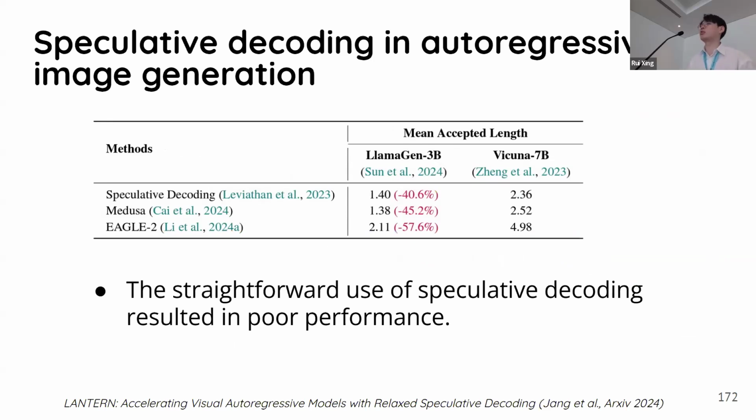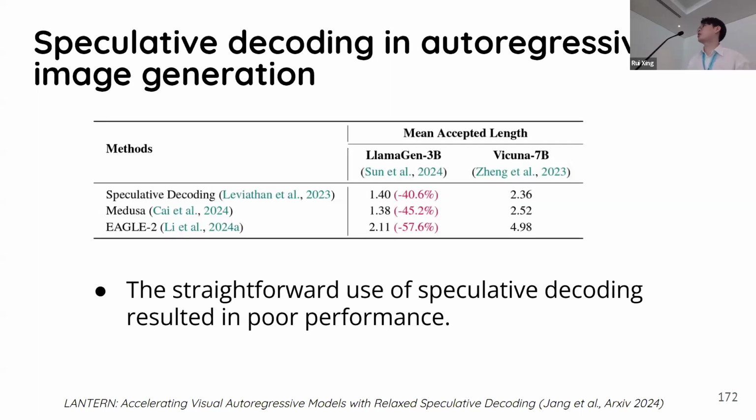Of course, we could use a small draft model to accelerate its generation. But let's see the result of the straightforward application of speculative decoding. There are three speculative decoding methods, including Medusa and Eagle 2. The mean acceptance length is reported to measure the speed up performance.